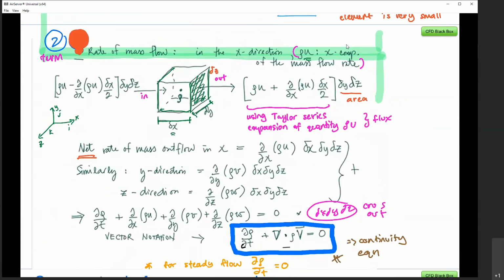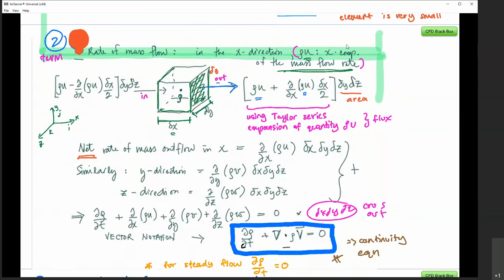The x component of the mass flow rate is the density multiplied by u. So for the right side, assuming that the fluid passes through this element on the right side as outflow, we have rho u plus the partial derivative d over dx of rho u, multiplied by dx over 2.